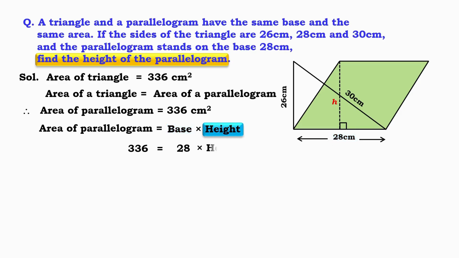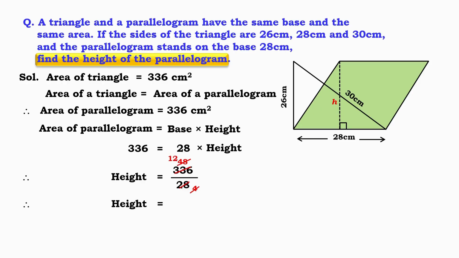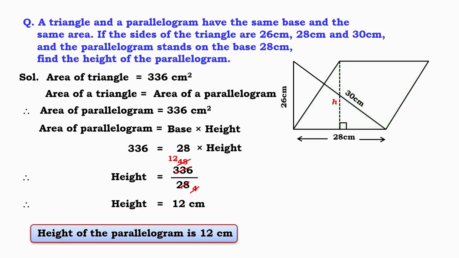Now put those values and we will get the value of height. 336 divided by 28 is coming height equal to 12 centimeter. So this is the final height of the parallelogram, that is 12 centimeter.